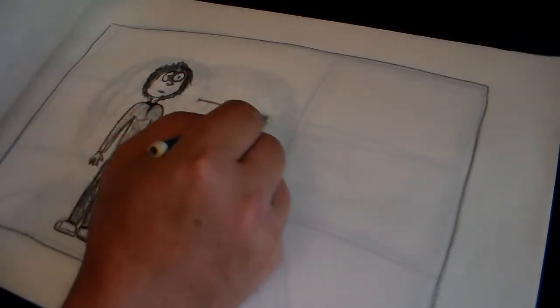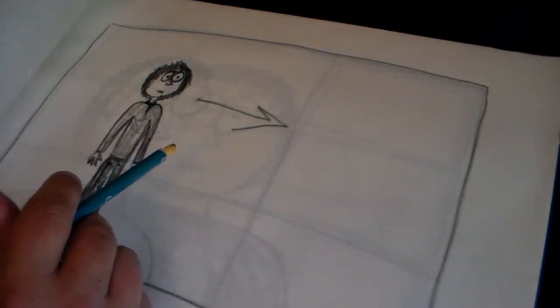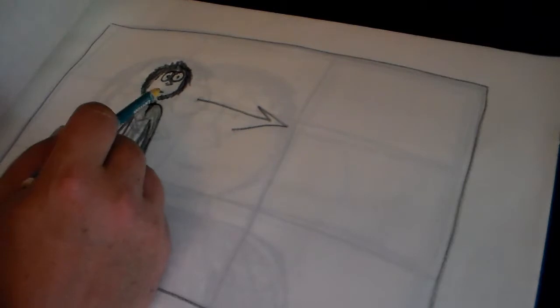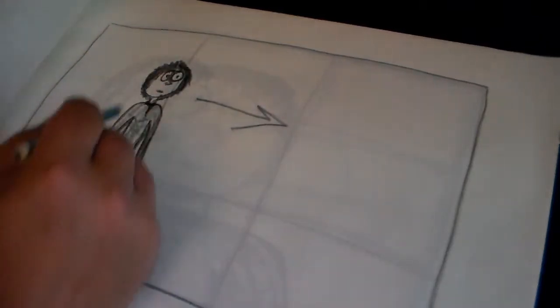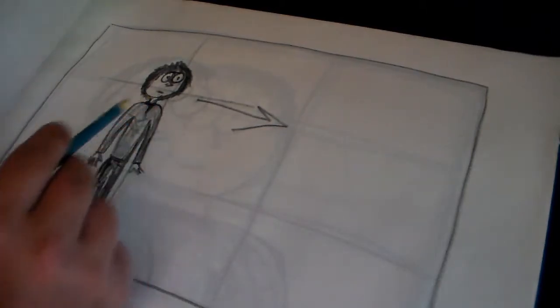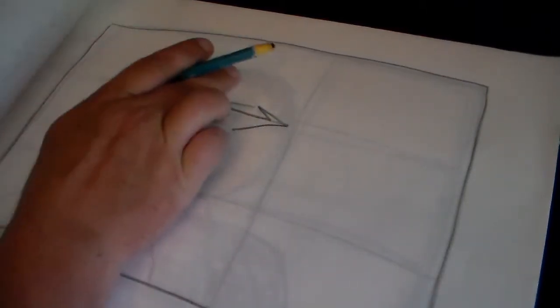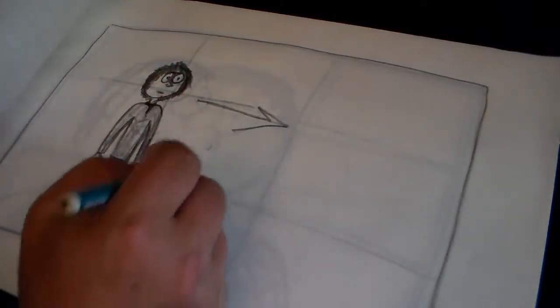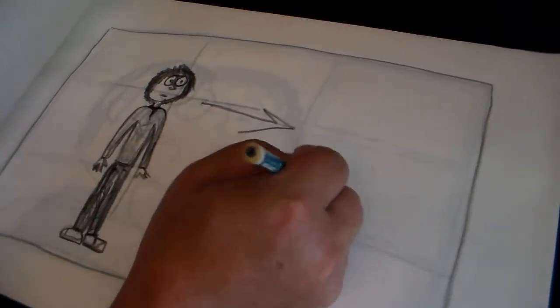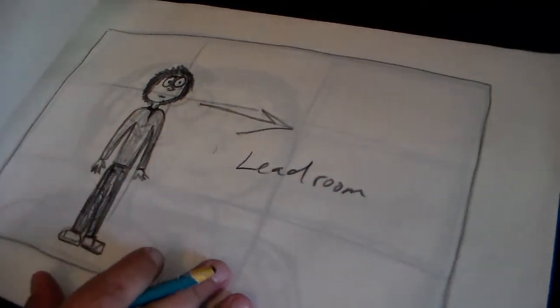Now this person, I meant to have them kind of looking in this direction, and whenever someone's looking in that direction, you want to put their eyes in the tic-tac-toe part here on this part of the grid, looking this direction. This is called lead room, and you always want to have lead room.